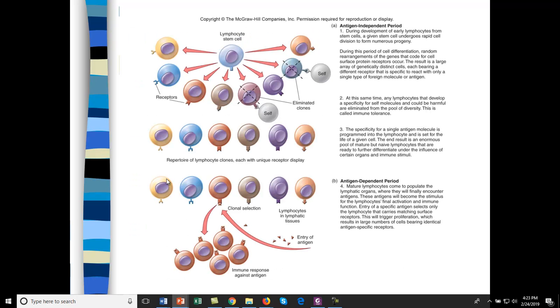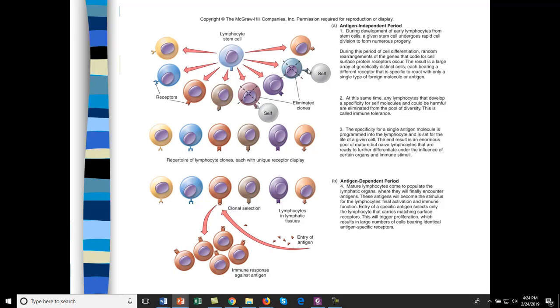Okay. So when we have an expansion, we start out with stem cells, and then you get expansion of all these unique clones. These are B cells and T cells, and they all have different types of receptors on them, and they're all specific for different antigens.